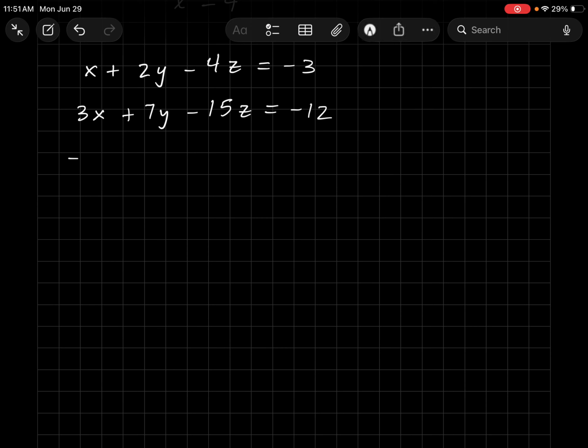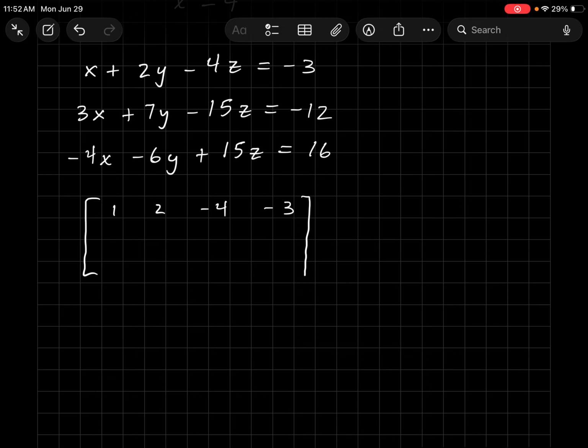And finally, negative 4x minus 6y plus 15z equals 16. And I want to find what x, y, and z equal. I will start by making an augmented matrix. So I will get 1, 2, negative 4, negative 3 in my first row. And then 3, 7, negative 15, negative 12 in the second row.